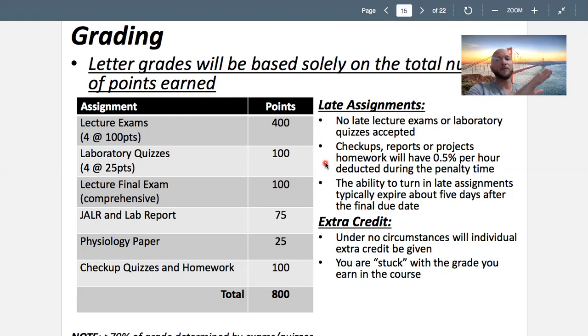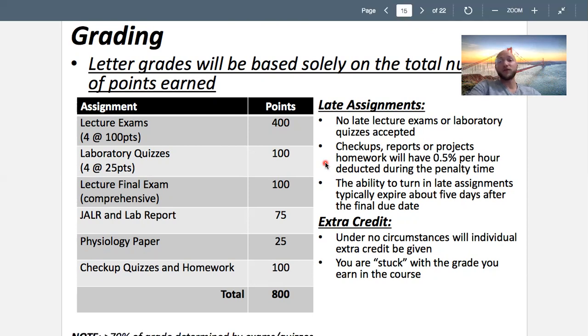That's when we've moved too far beyond that topic, and you can't take it anymore; you get a 0. So you have your due date, which is the date you should complete it by. You have your penalty date, when you start losing points on these checkups. Then you have the end date, after which you get a 0 if you haven't completed it.